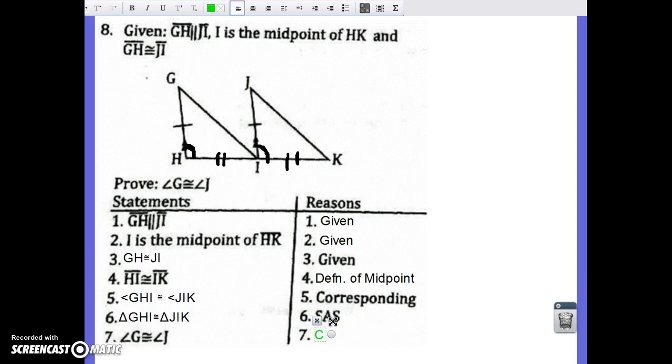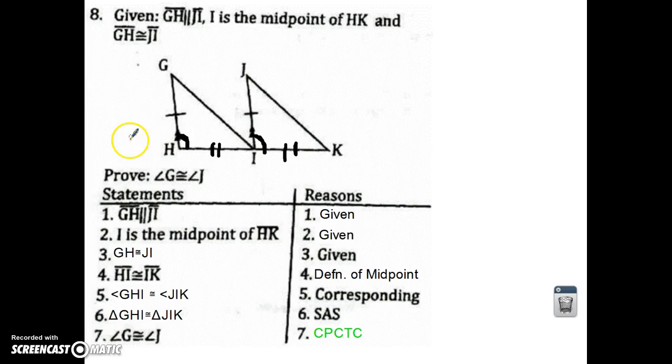It's a short name for it, CPCTC, which means corresponding parts of congruent triangles are congruent, which means that if you can show that two triangles are actually congruent to one another, then its other corresponding parts must be congruent to one another. So G must be congruent to J, and K must be congruent to this side of I.